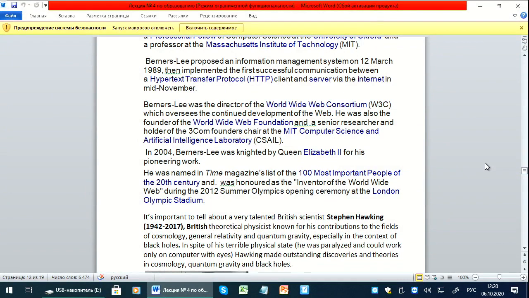In spite of his terrible physical state, while he was still young, he was paralyzed and could work only on a computer using his eyes. Hawking made outstanding discoveries and theories in cosmology, quantum gravity, and black holes.